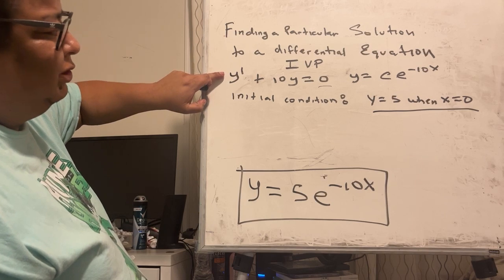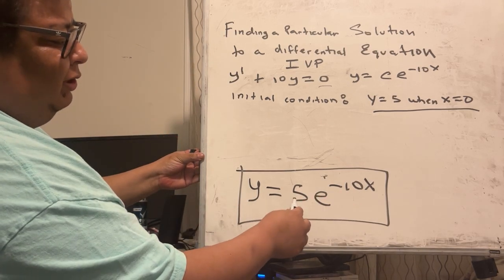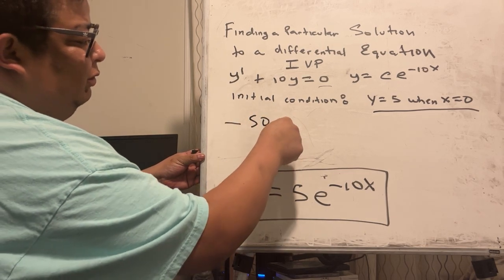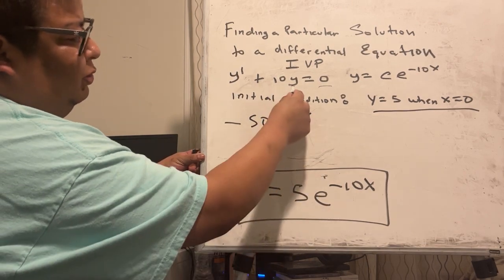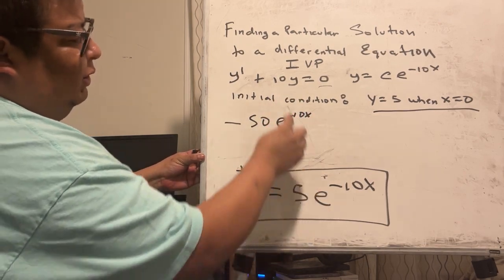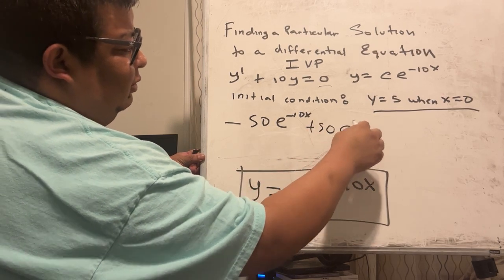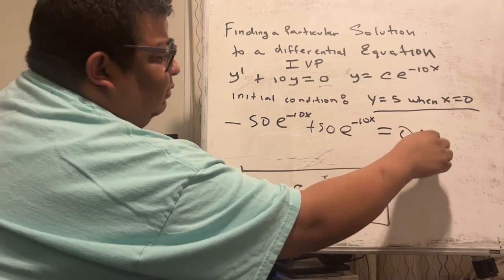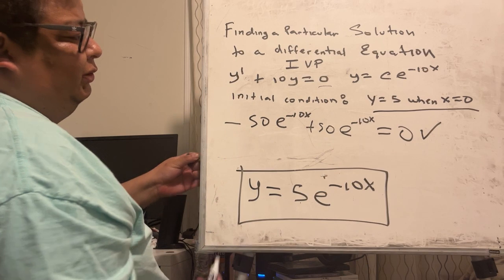The derivative y prime is going to equal negative 10 times 5, which is negative 50 e to the negative 10x, plus 5 times 10, which is 50 e to the negative 10x, and that is equal to 0. And that proves our particular solution.